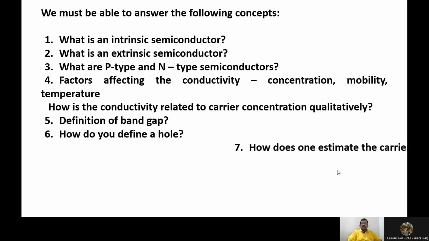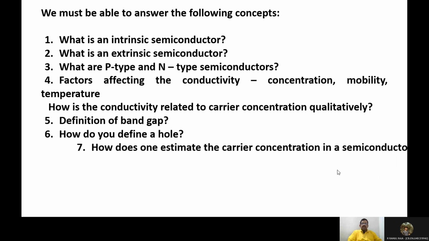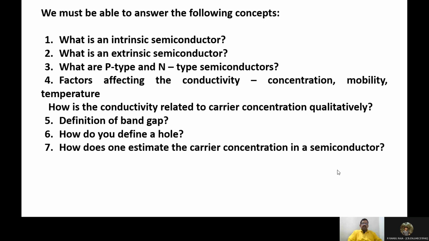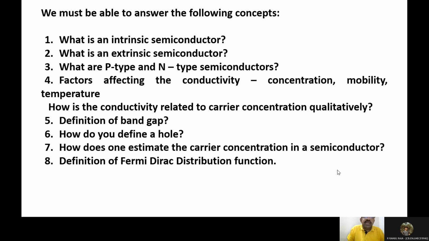Then how does one estimate the carrier concentration? This is something which we have not discussed in the previous class. I will give you a very qualitative picture. I will not get into the derivations and things of that nature, but the essential basics that you ought to know about it. The carrier concentration depends on what is called the Fermi-Dirac distribution function.